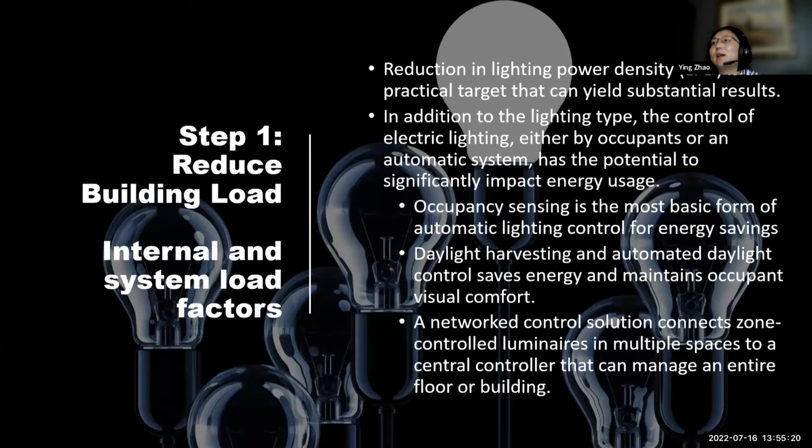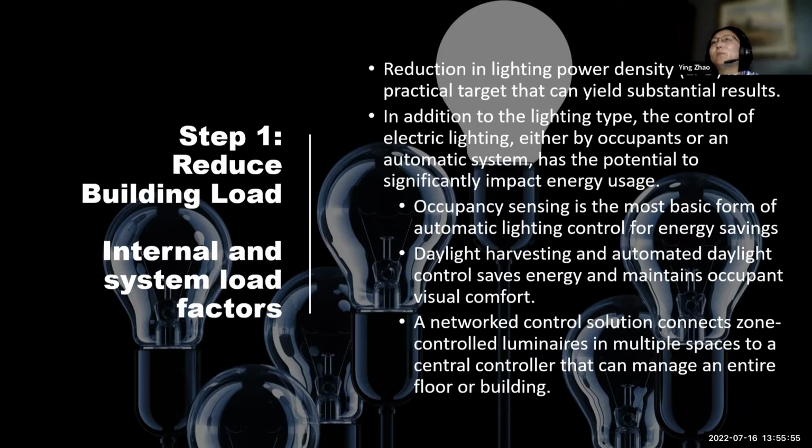In addition to the lamp and the lighting type, the control of electric lighting, either by occupants or an automatic system, has the potential to significantly impact energy use. A widely used control is an occupancy sensor, for example an infrared sensor, the most basic form of automatic lighting control.